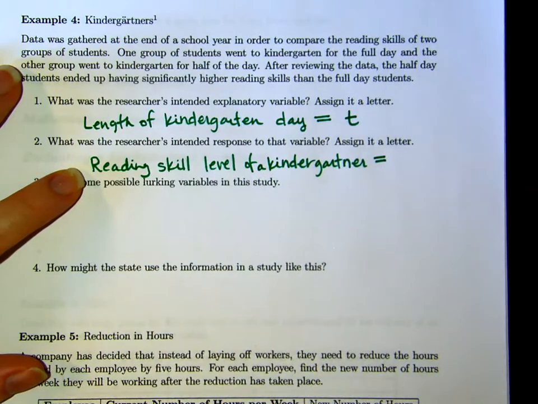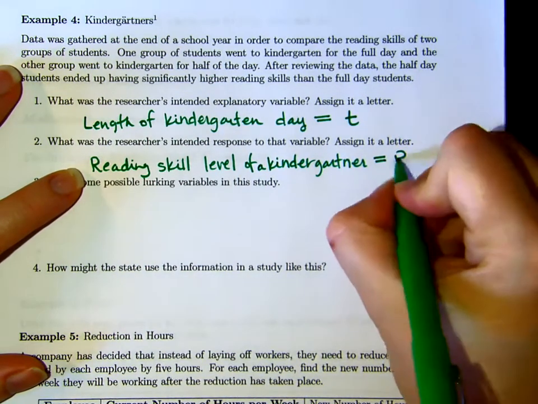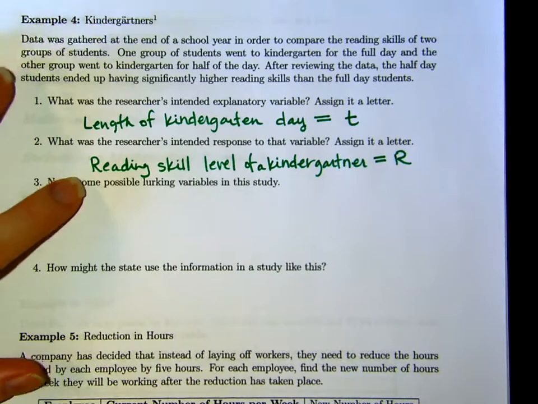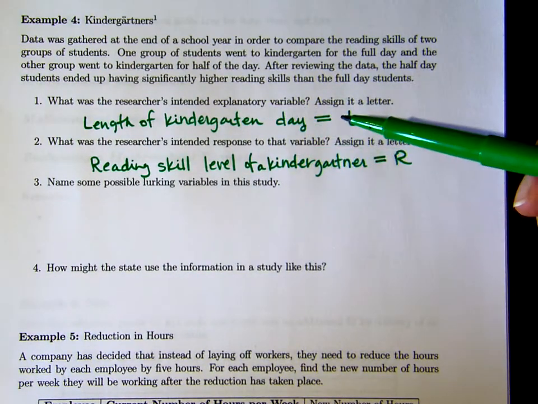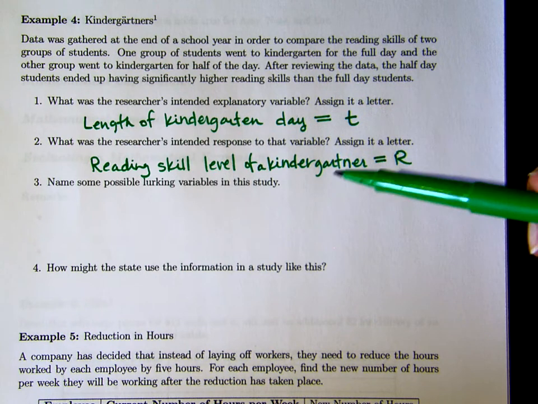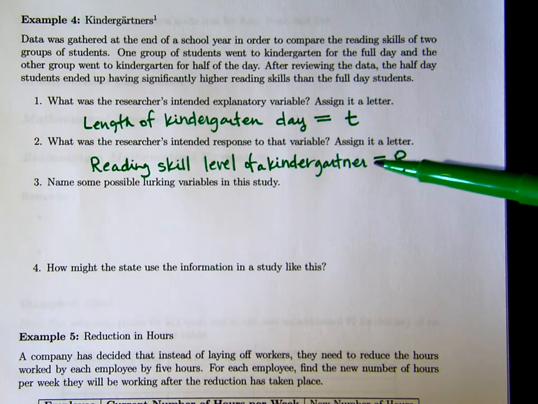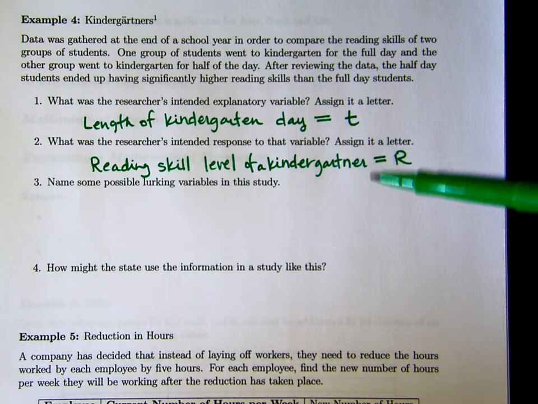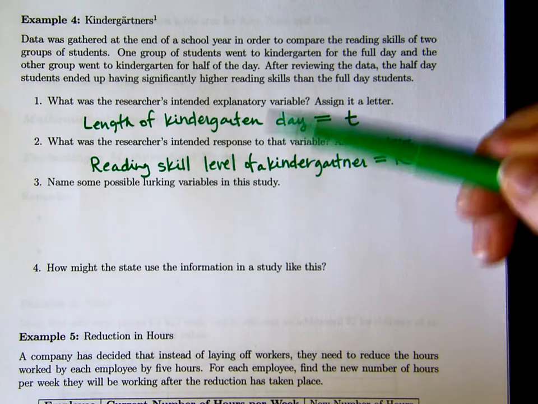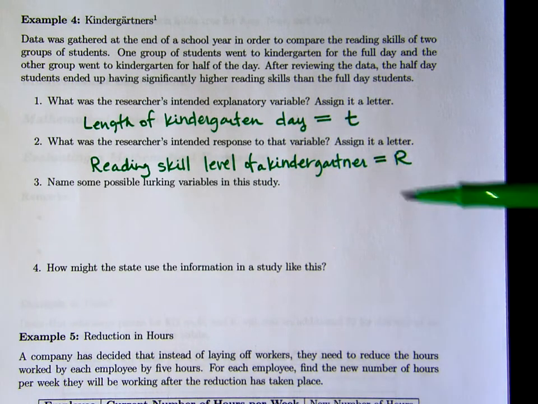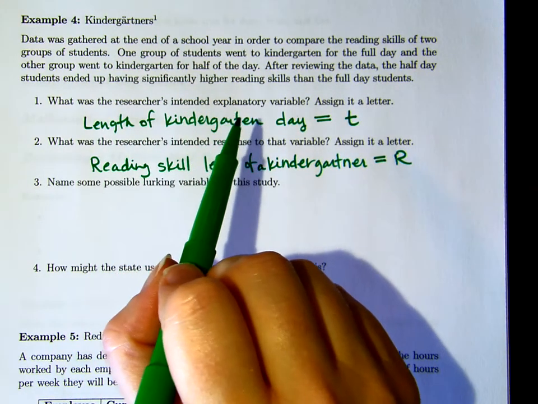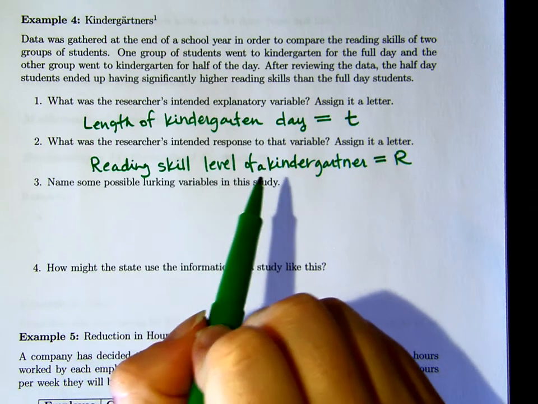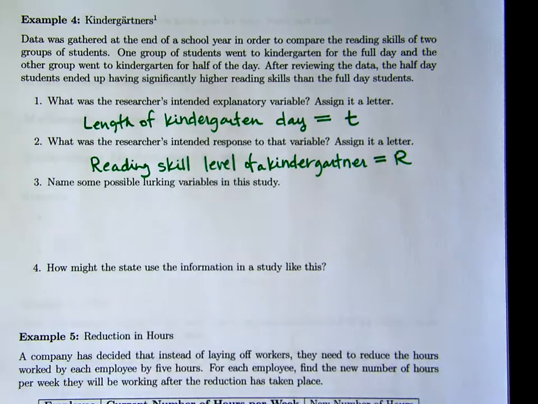And I don't know, we're going to go with R for reading. Okay, so here we have the explanatory variable. Length of day or length of time in the classroom is explaining the reading skill level as a response to how long you're in class. Or another way is, this is independent, so the reading skill level of a kindergartner depends on how long they are in class each day.